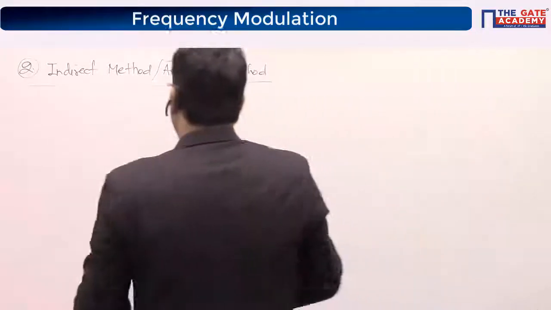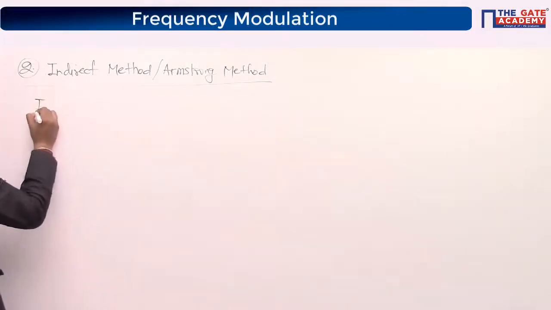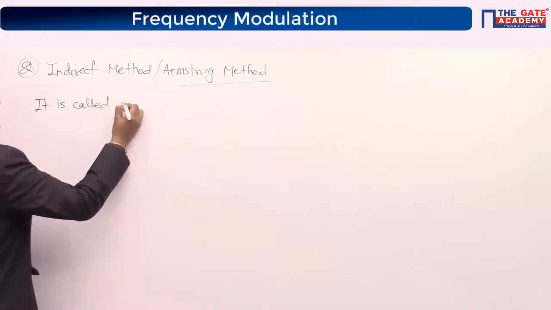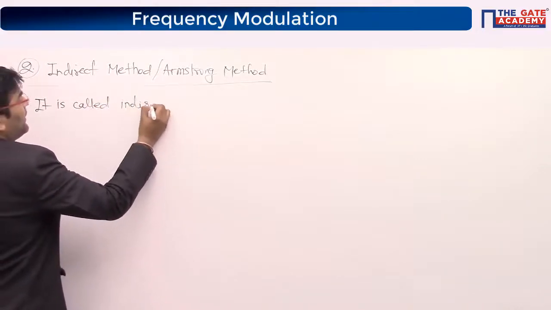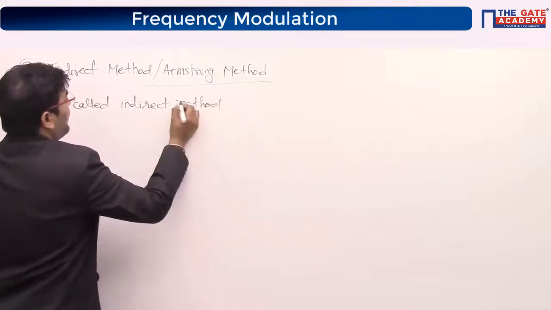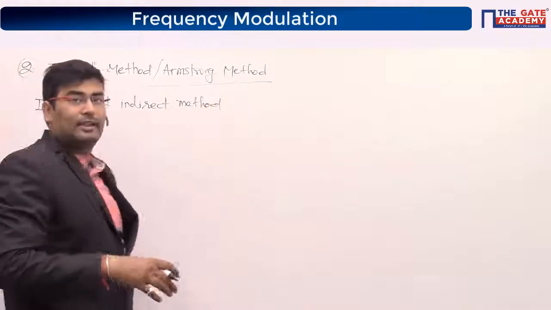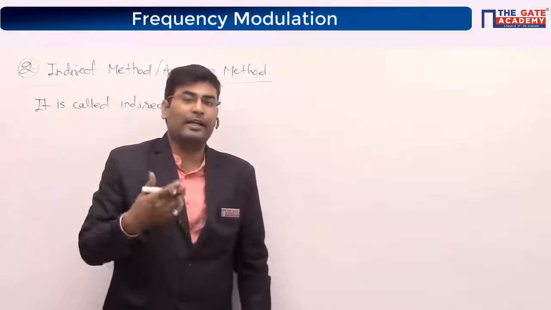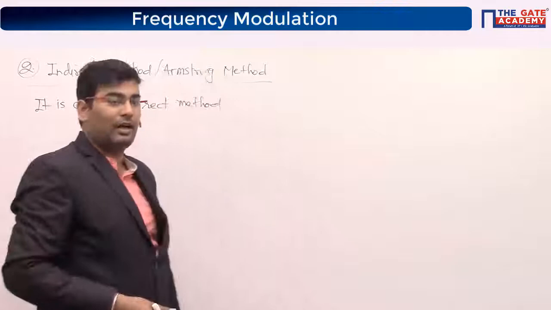So let's write that point. It is called the indirect method. I'm explaining this point, why it is called the indirect method. Sometimes when you are doing masters in signal processing, professors can ask you why we call the indirect method indirect. So that's the answer you can give.